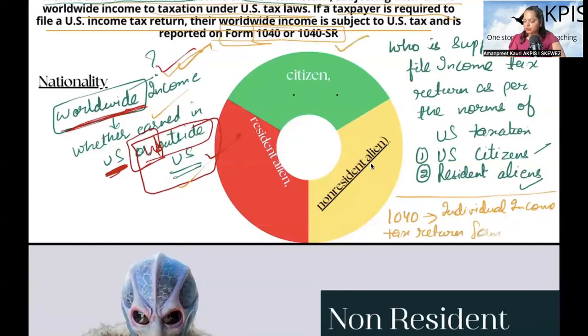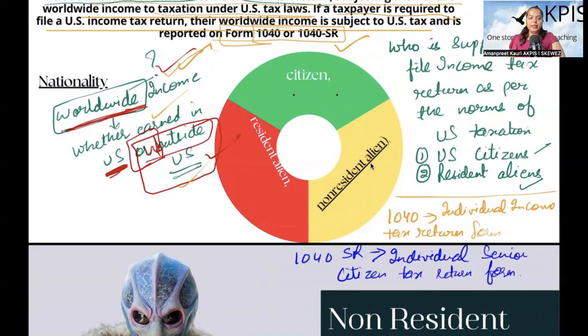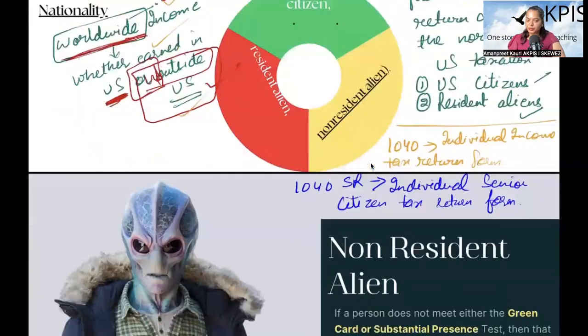You're supposed to have an idea for that also. 1040 SR, that is for individual senior citizens. SR means senior citizen. Individual senior citizen tax return form. Right? Now let's elaborate our discussion.